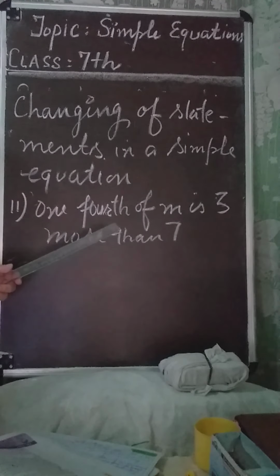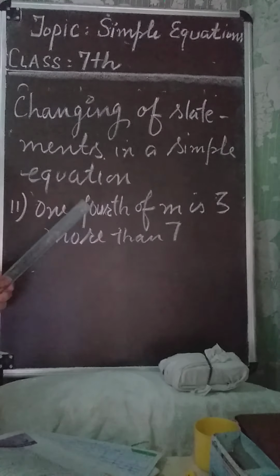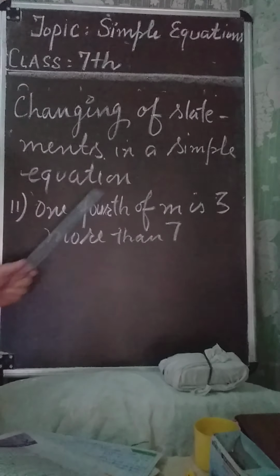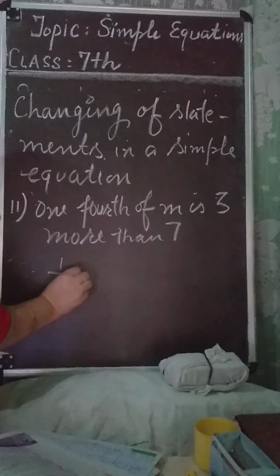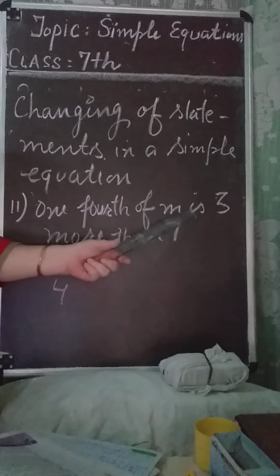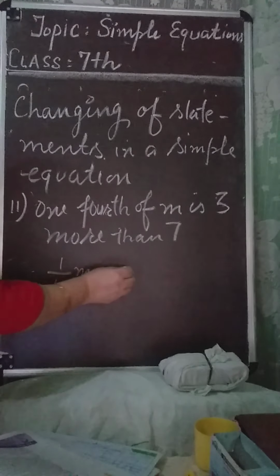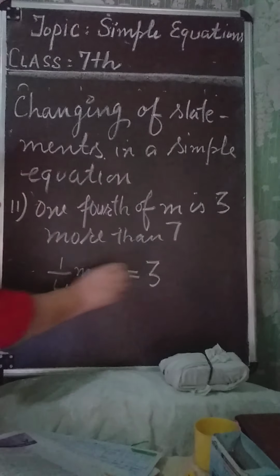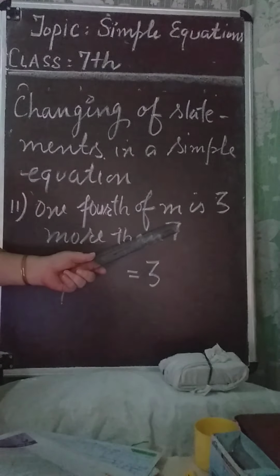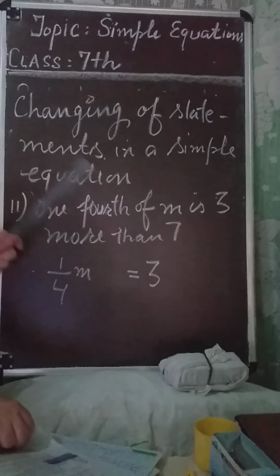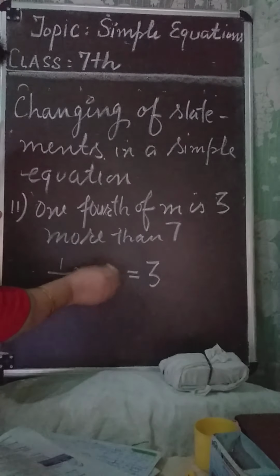So we have already learned about fractions. 1/4 of m means 1/4 m. Is 3 means is equal to 3. More than 7, so this can be written as more than 7. Here more than means 7.